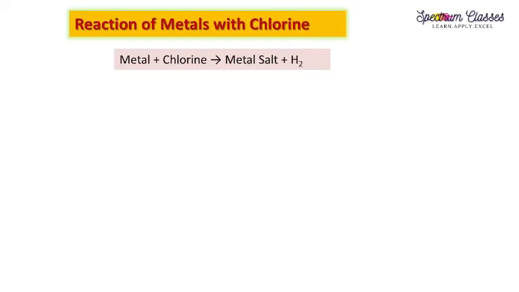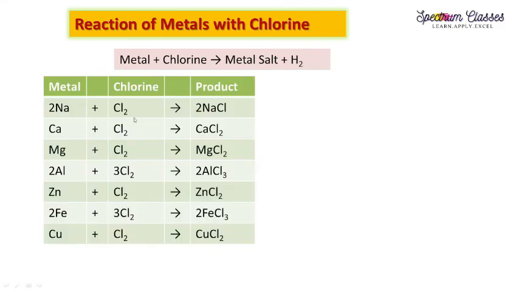And the next is the reaction of metals with chlorine. So with chlorine, metals form metal chlorides. Here are the reactions. These metals will react with chlorine and you can balance the reactions because Cl is having -1, sodium is having +1, so you will get NaCl. Calcium is having 2+, Cl is -1, so CaCl2.